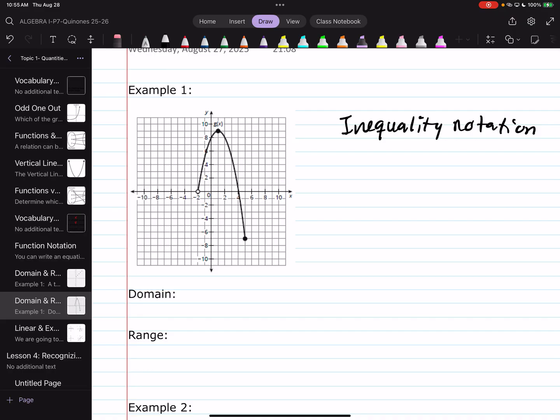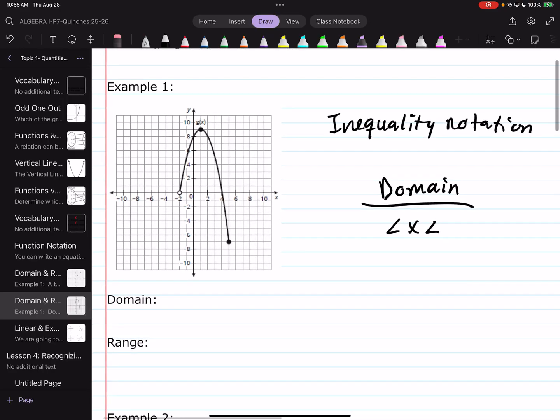When we write domain and range, let's start with domain. With domain, I would probably write this down. This is my skeleton. You should always write it like this. This is your basic starting skeleton. If you write it like this every time, you can write the lowest x value to the highest x value.